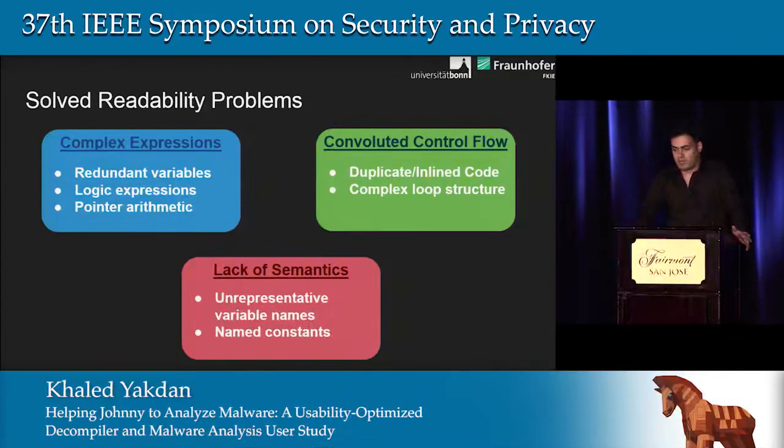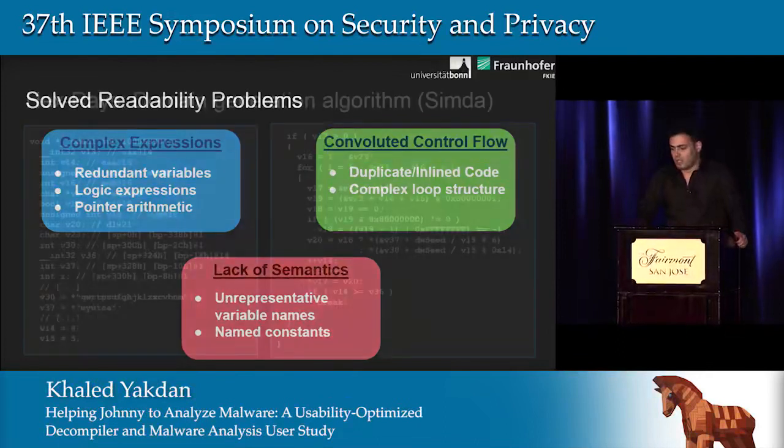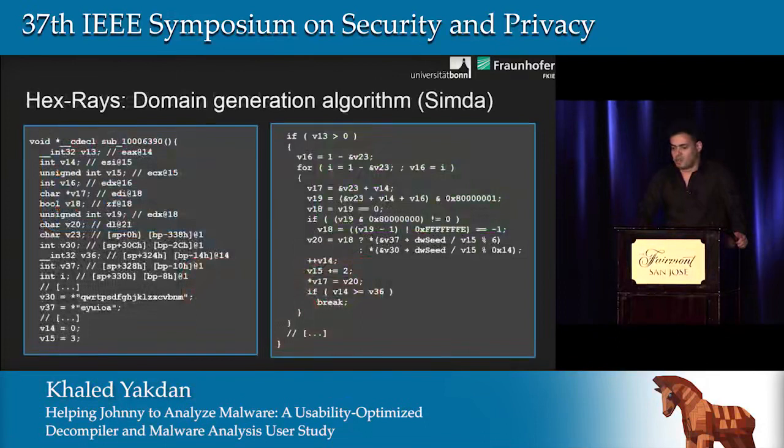To give you a feeling for these problems, here's an example which shows the decompiled code for the domain generation algorithm of the Simda malware, as generated by the Hex-Rays decompiler, which is the industry standard used by most malware analysts.